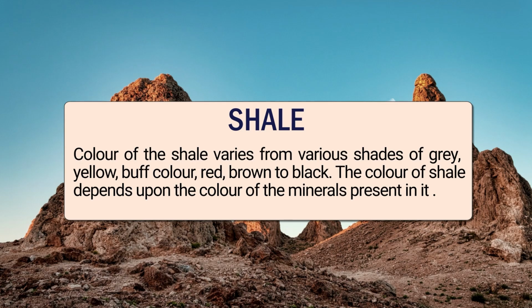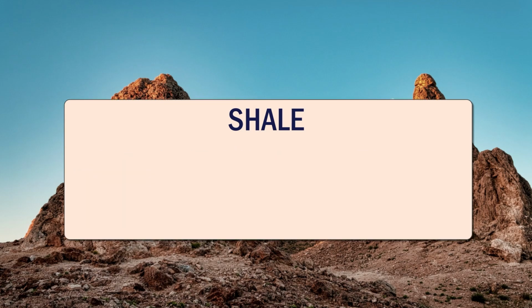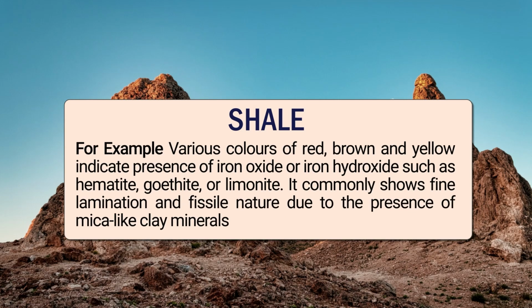The color of the shale depends upon the color of the minerals present in it. For example, the various colors of red, brown and yellow indicate the presence of iron oxide or iron hydroxide such as hematite, goethite or limonite.